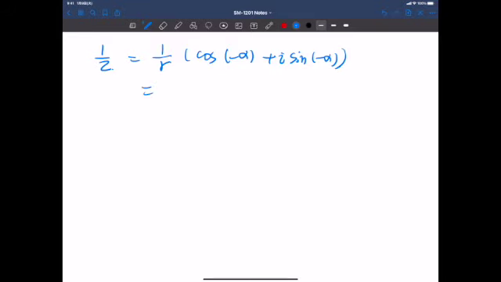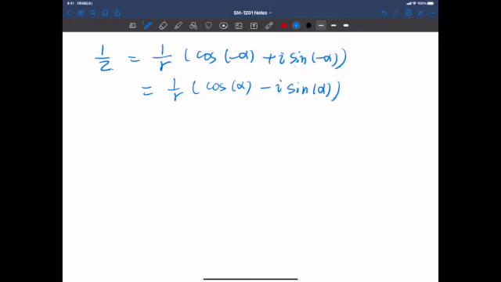And we have seen that cosine minus alpha is same as cosine alpha, and sine minus alpha is same as minus sine alpha.